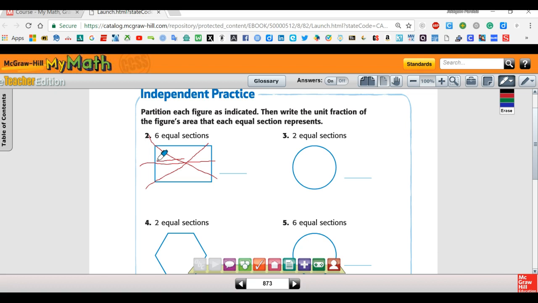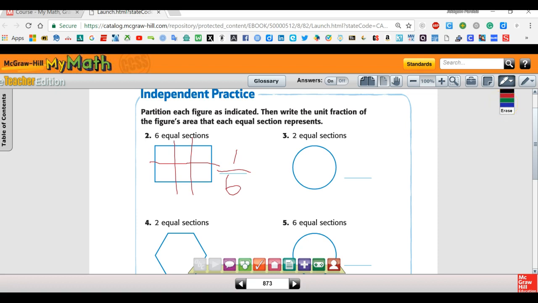The bottom section here is not equal to the other ones. So I think the best way probably would be across and then 2 lines down. That's a little bit closer to each shape being equal. So go ahead and do 3, 4, 5, 6, and 7.